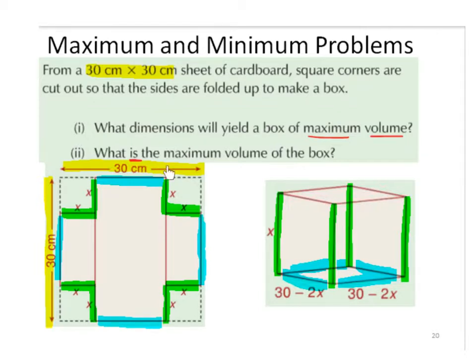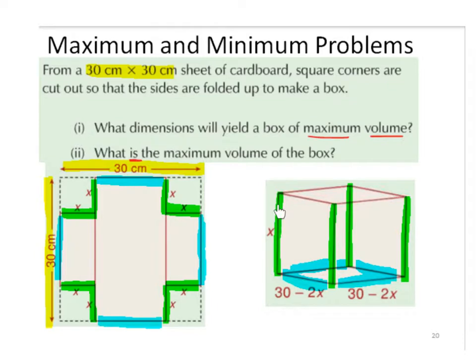So since square corners were cut out, we can label this length here as x. So if it's a square corner, if this is a length of x, then this is also a length of x. And when this shape is folded together, these two lengths will actually go side by side.